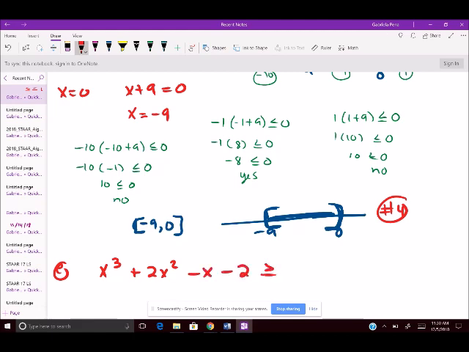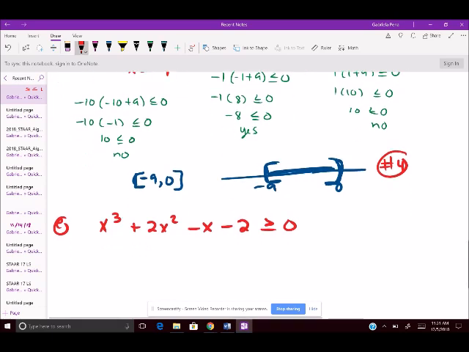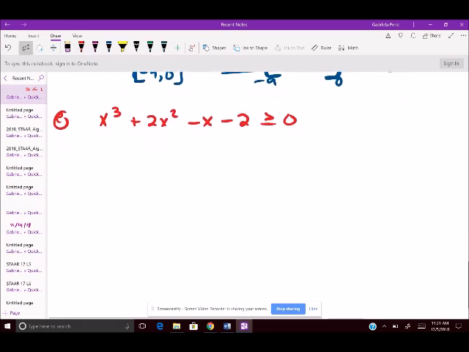Now, this looks like what type of problem? A problem where we're going to have to do what? Factor by synthetic division? Not synthetic division, because it's not a division, but it's factoring by grouping. Very good. So we need to factor by grouping.